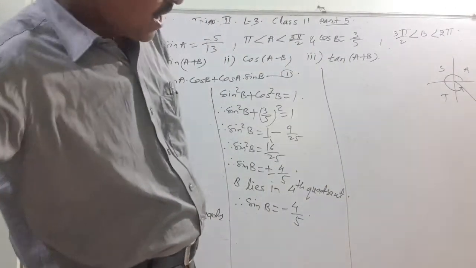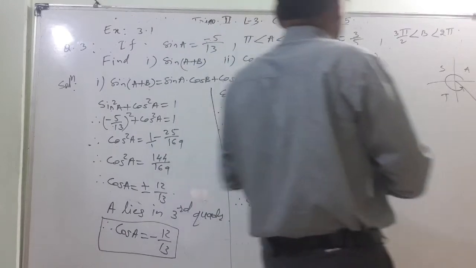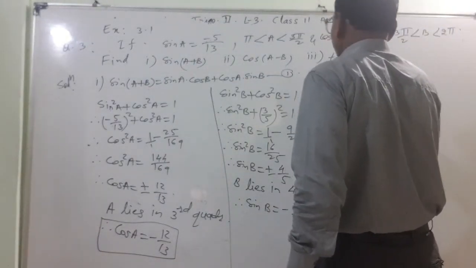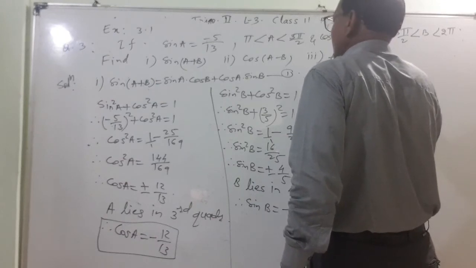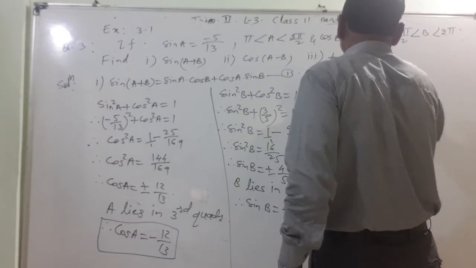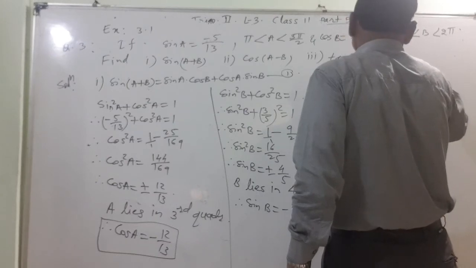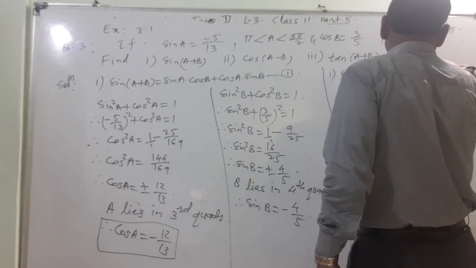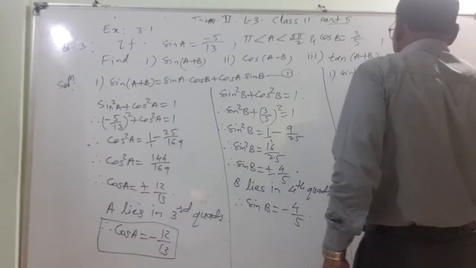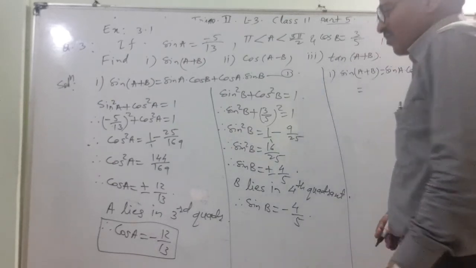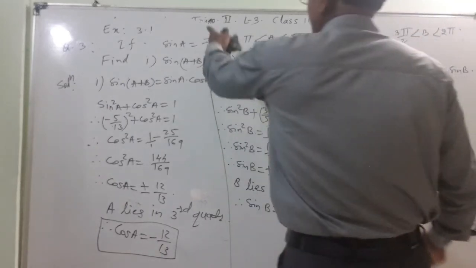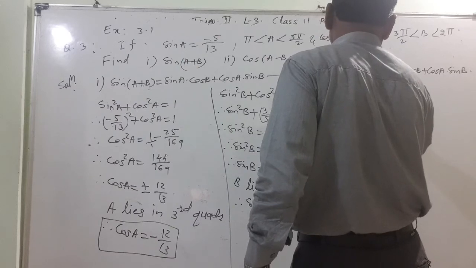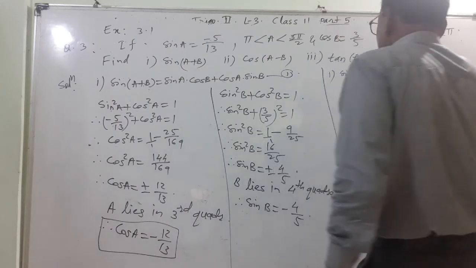Now what I want to find? I want this from 1. I will take this. Number 1. Sin of A plus B is equal to sin A into cos B plus cos A into sin B. That is equal to sin A value I am given is equal to minus 5 upon 13 into cos B value.